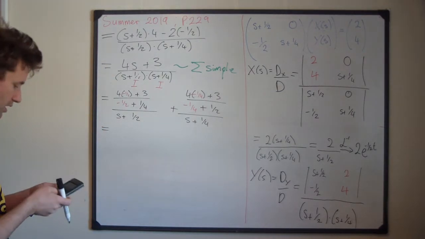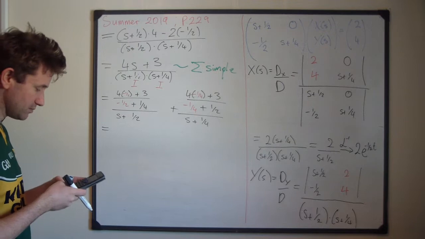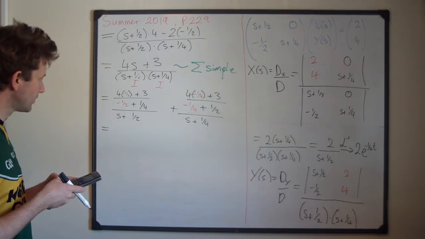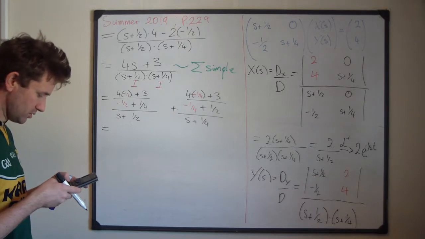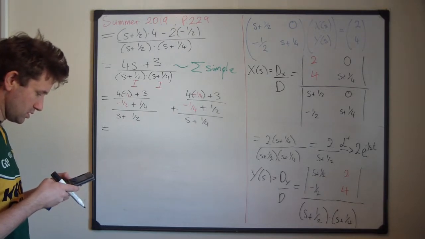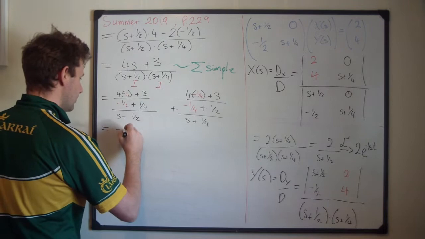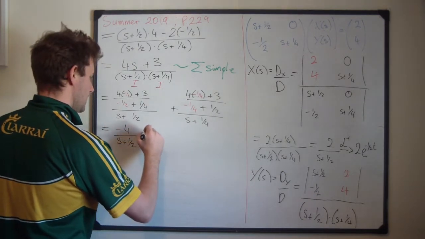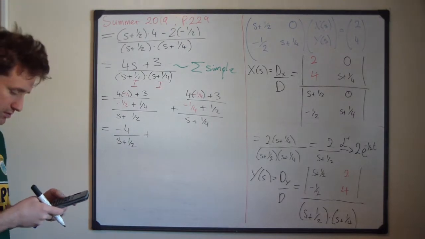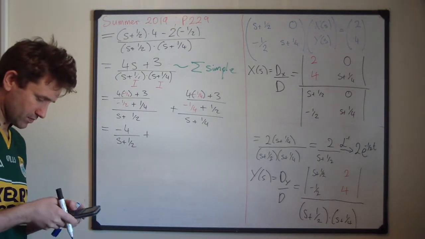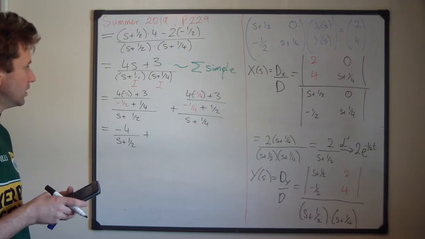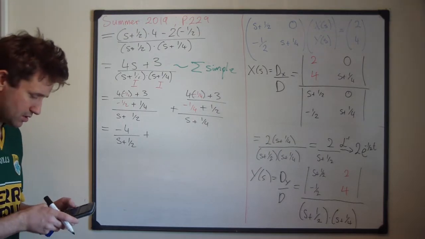So we get 4 by minus a half is minus 2 plus 3 divided by minus half plus quarter is minus a quarter. This comes out to be minus 4 over s plus a half. And then the other one, 4 by minus a quarter is minus 1 plus 3 divided by half minus quarter is a quarter. 8.